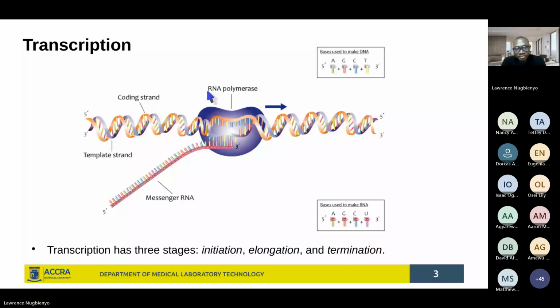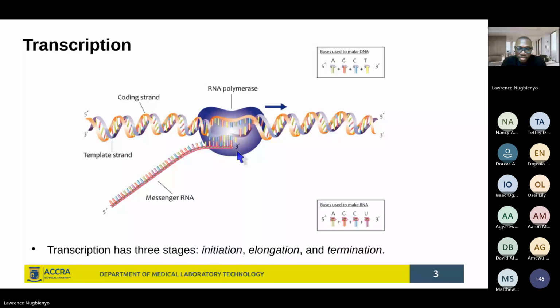And here, the enzyme which is responsible for that process is the RNA polymerase. We see the strand which is being copied is referred to as the template strand. And it is from the template strand that you have the messenger RNA copied.